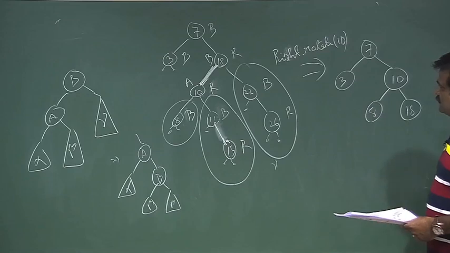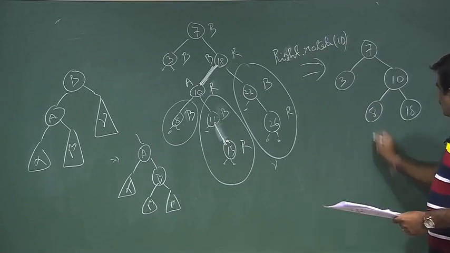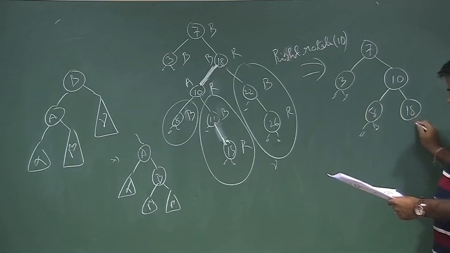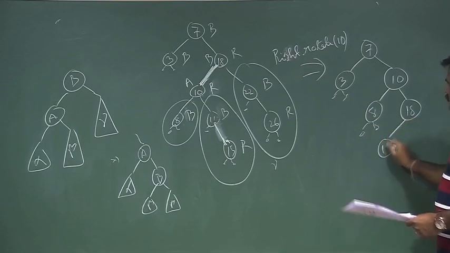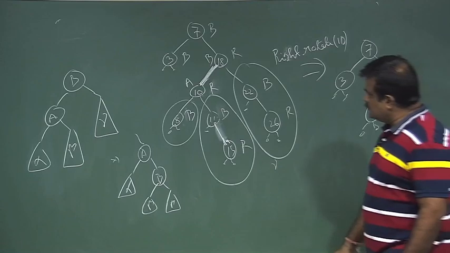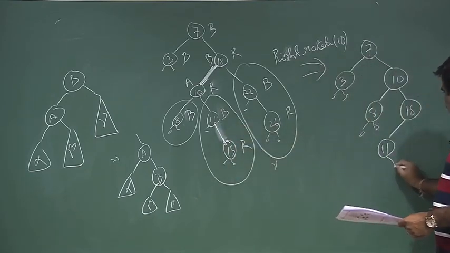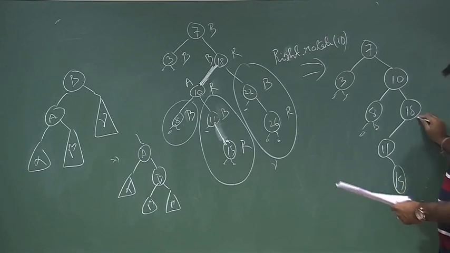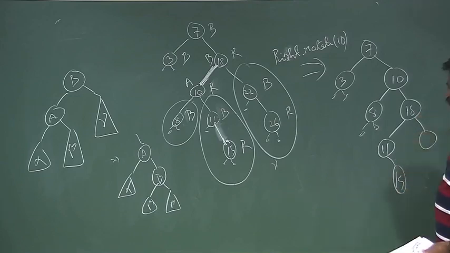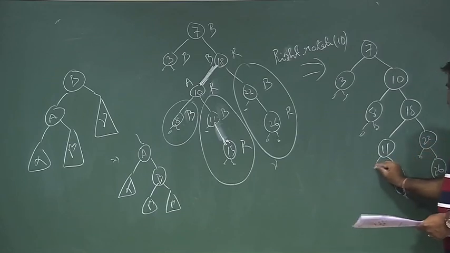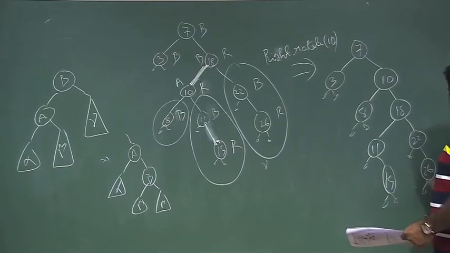So, 8, and then we have the leaves nils, and from this 18 we have beta. So, beta is this 11 and 15, and gamma is still with 18. So, 22 and 26, and we have the nils over there.